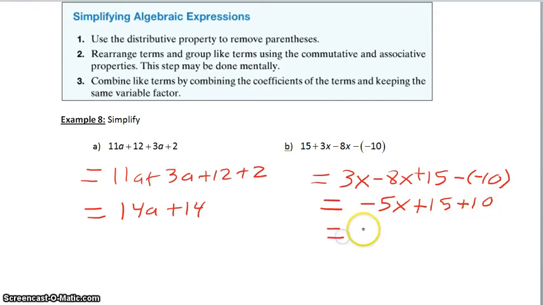So now we have negative 5x, and 15 plus 10 is 25. And so we're done with that problem.